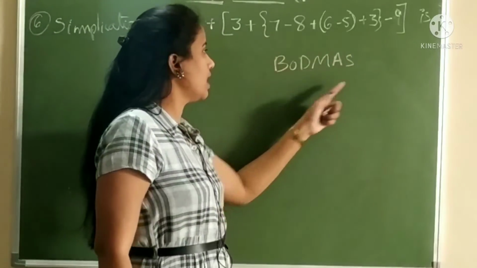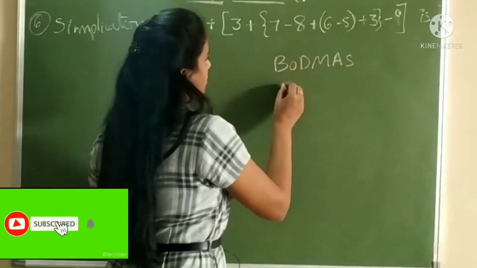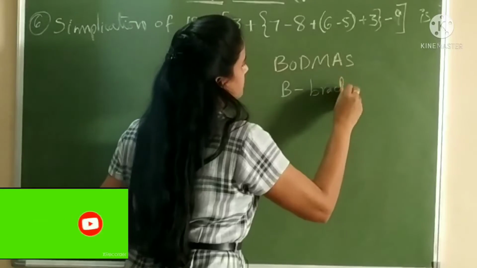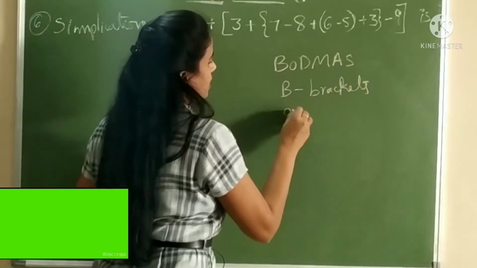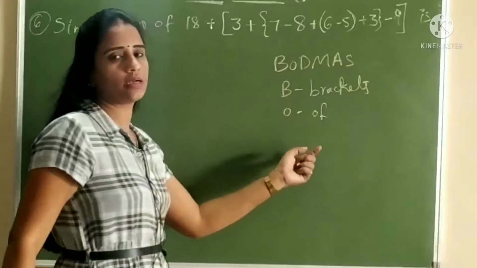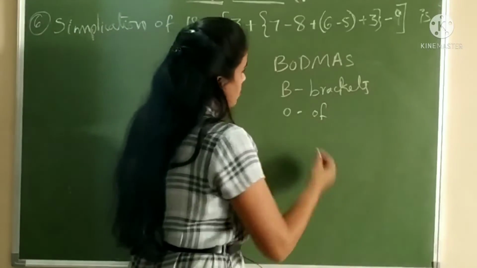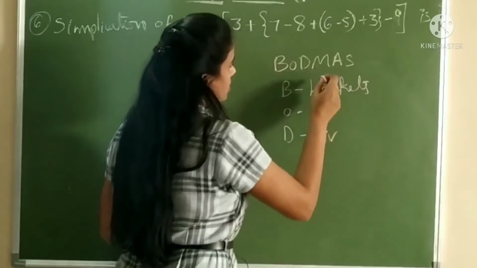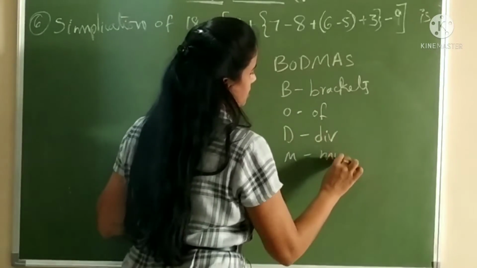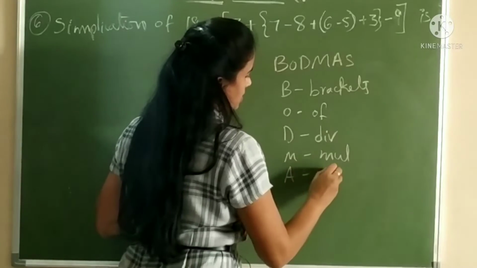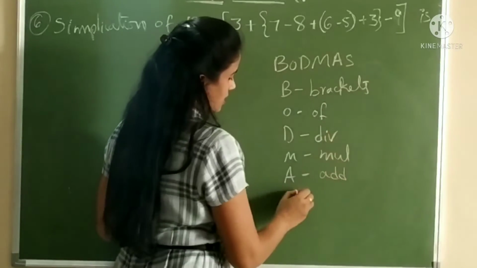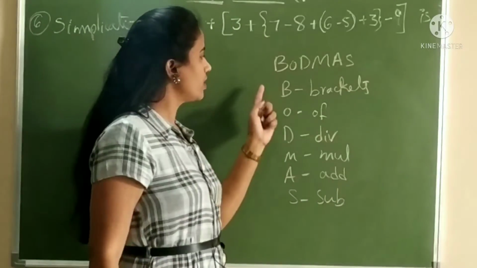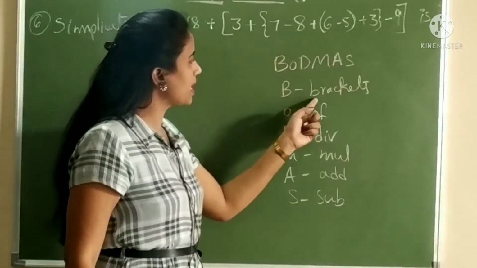B means brackets. O means of, which is nothing but multiplication. D, division. M, multiplication. A means addition, and S means subtraction.